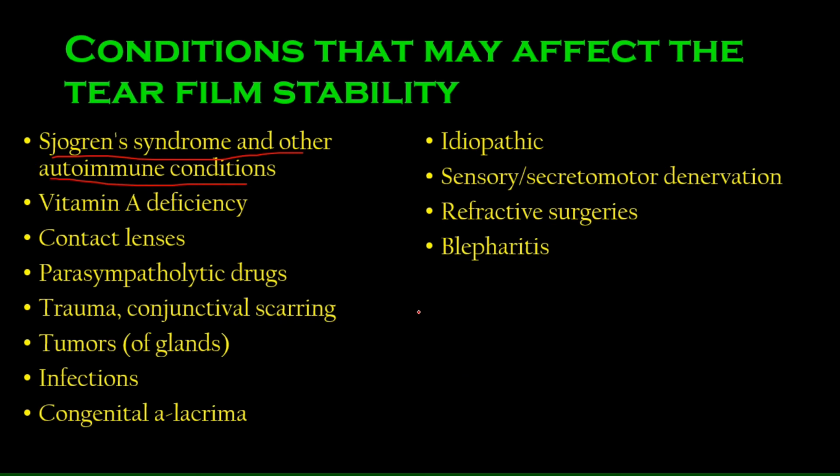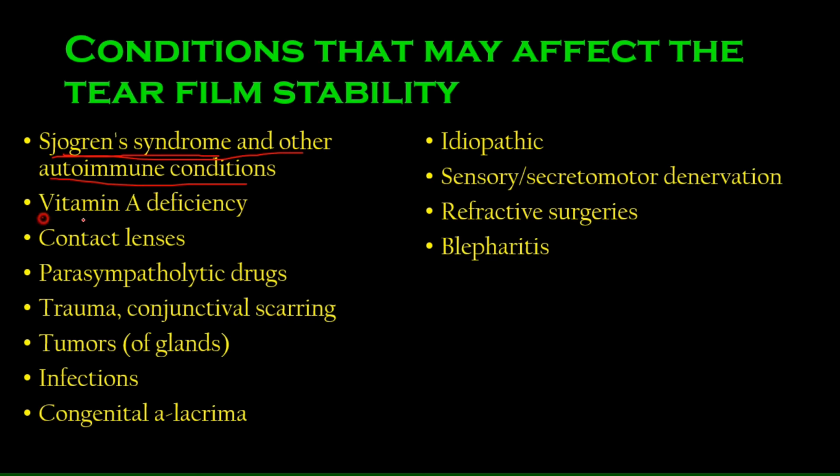So of course there is no production of tears, you're disturbing one of the layers of the tear film, and you're getting dry eye. Sjogren syndrome is a disease in which there is destruction of both the salivary glands and the lacrimal gland by our body's own cells. It's autoimmune, and it will result in less production of the aqueous layer, which will lead to dry eye.